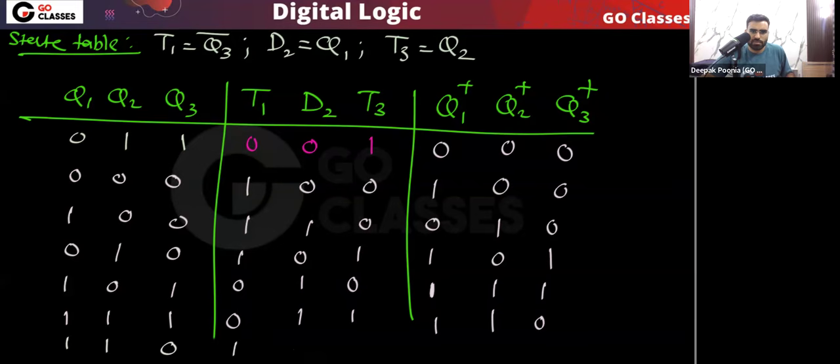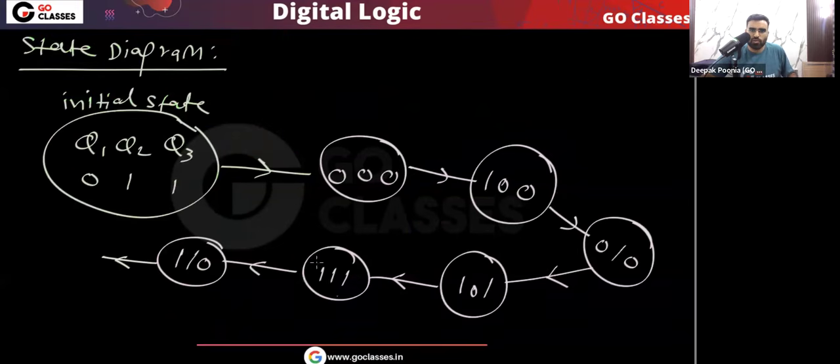D2, that is Q1. And T3, that is Q2. And T1, T3, they are 1, 1. So that is the toggle combination. So it will be 0, 1, 1. We are going to 0, 1, 1, means we are going here.